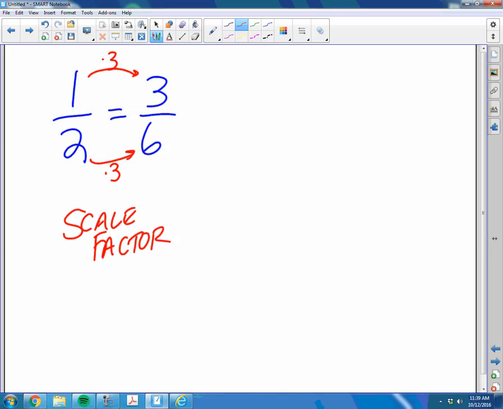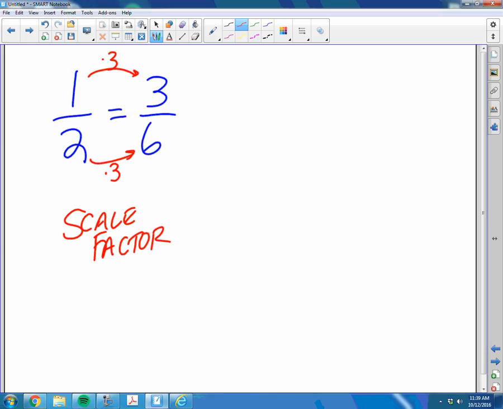That's pretty simple. If you multiply the top and the bottom, or divide the top and the bottom by the same number, then you have to have equivalent fractions. That's a guarantee. Okay? And if you notice, it's 1 times 3 is 3, and 2 times 3 is 6. 3 would be your scale factor that would ensure that those 2 things are equivalent.